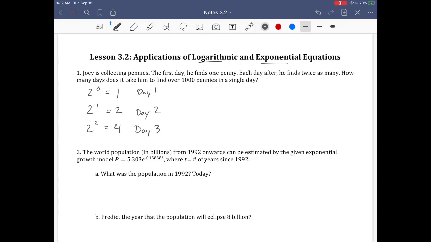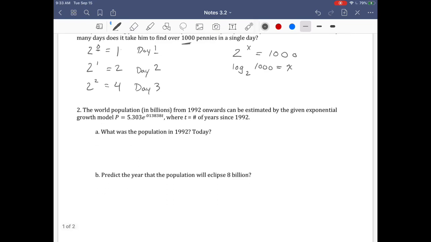It's like a recursive sequence until you get to over 1,000. Or we can look at what day and how it relates to the exponent and think 2 to the x equals 1,000. So how do you solve that? Of course, we would convert that to a logarithm. Log base 2 of 1,000 equals x.